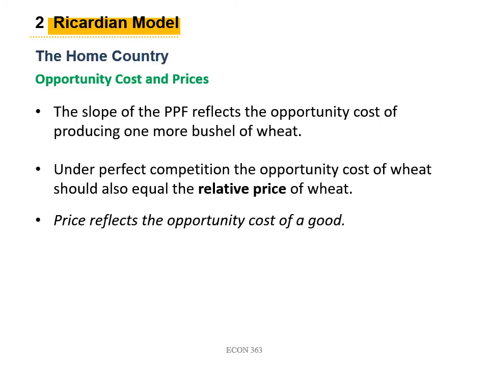And you should recall from your microeconomics that the point of contact, the point of tangency between the indifference curve and the production function, is not only representing the trade-off in production and the level of your welfare, it also in equilibrium reflects in trade the relative price of wheat and cloth.